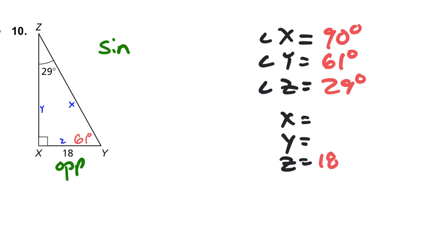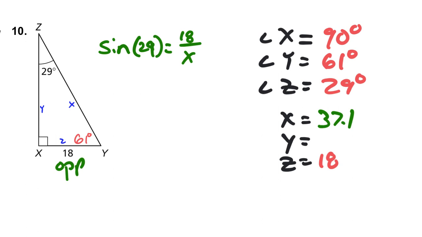I can say sine 29 degrees equals my opposite, which is 18, divided by my hypotenuse, which is my x. So I'm going to swap those. Remember, when the variable is in the denominator, swap them. And I'm going to say 18 divided by the sine of 29, round to one decimal place, and I get 37.1. So x is 37.1.